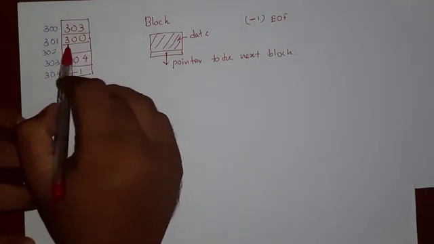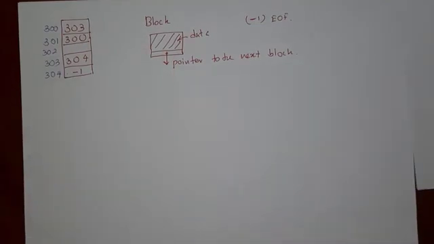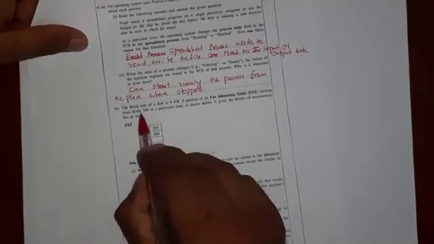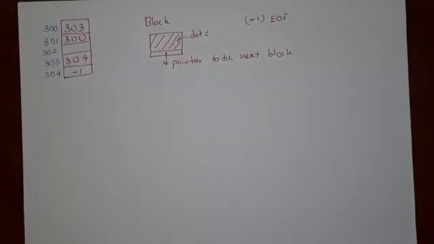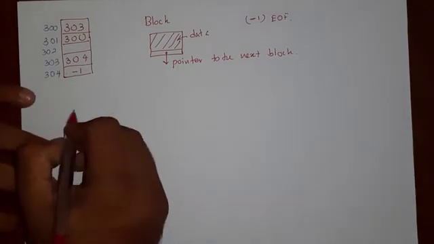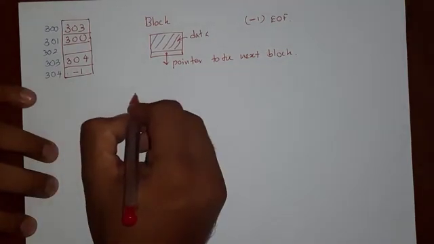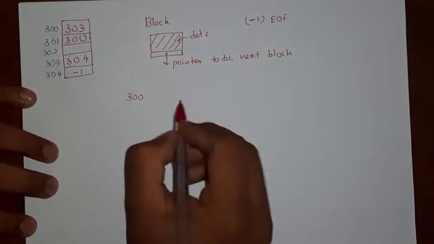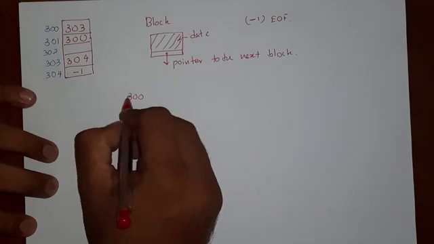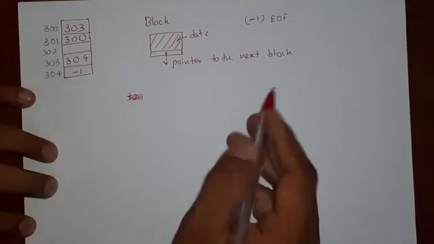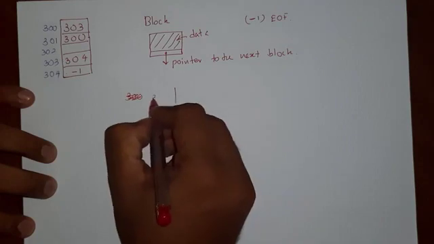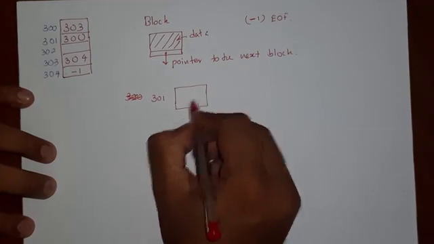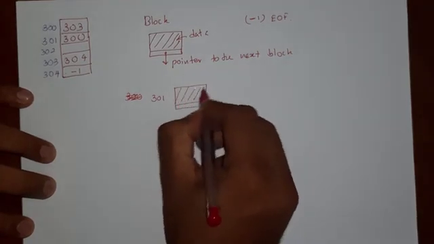If I carefully go through this according to the question given here, from block 300, consider it in this manner. You have block 300. Block 301, you are starting from 301. This is your block, which contains data.